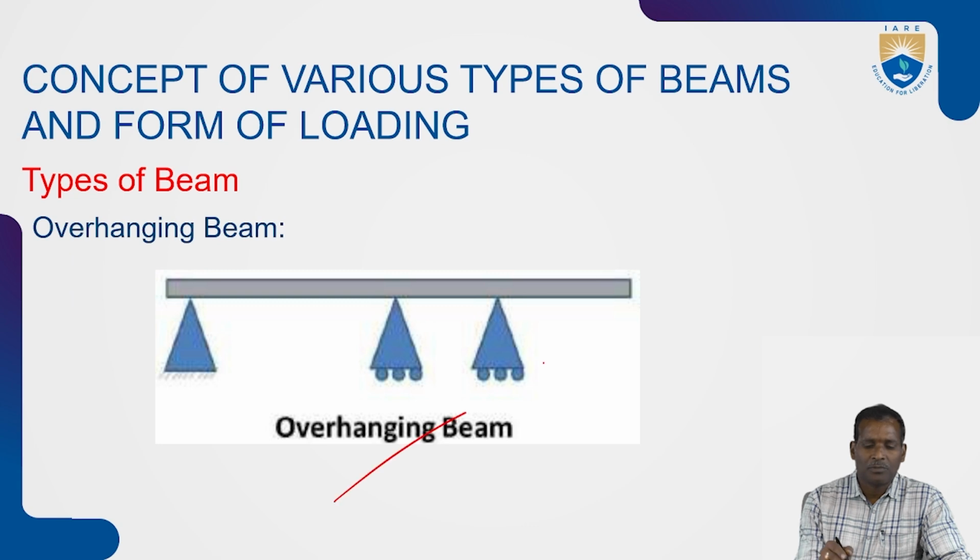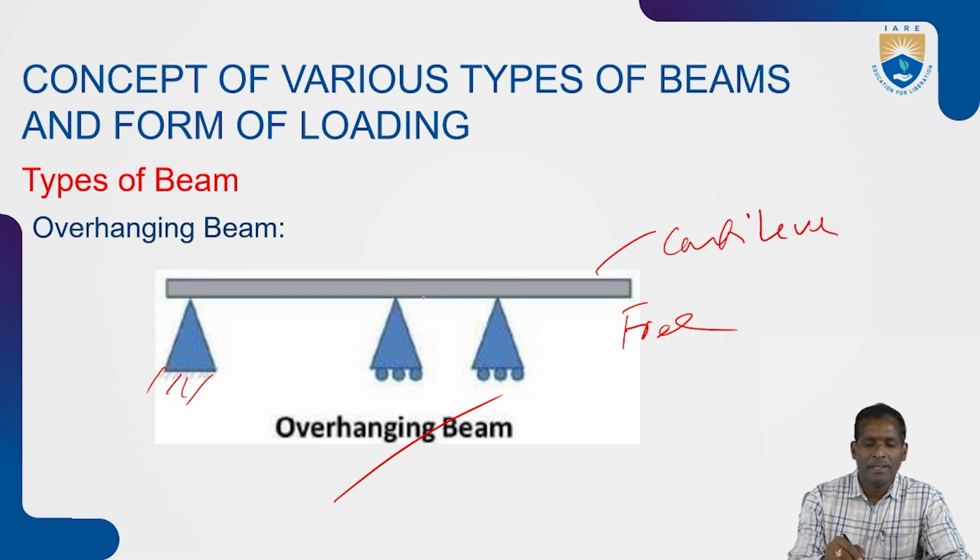So the overhanging beam is shown in this figure. One end is fixed, other end is free. This we have seen in the cantilever beam. And this one, two ends, one is supported and another end is roller. This is simply supported beam.